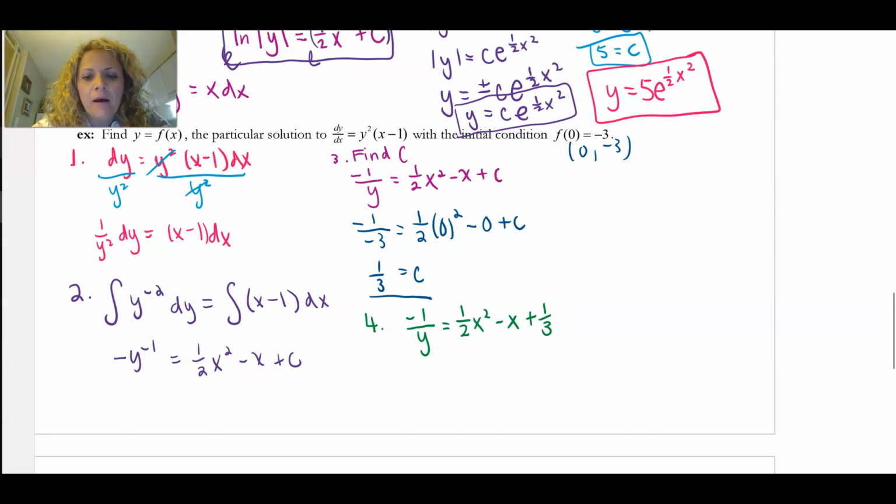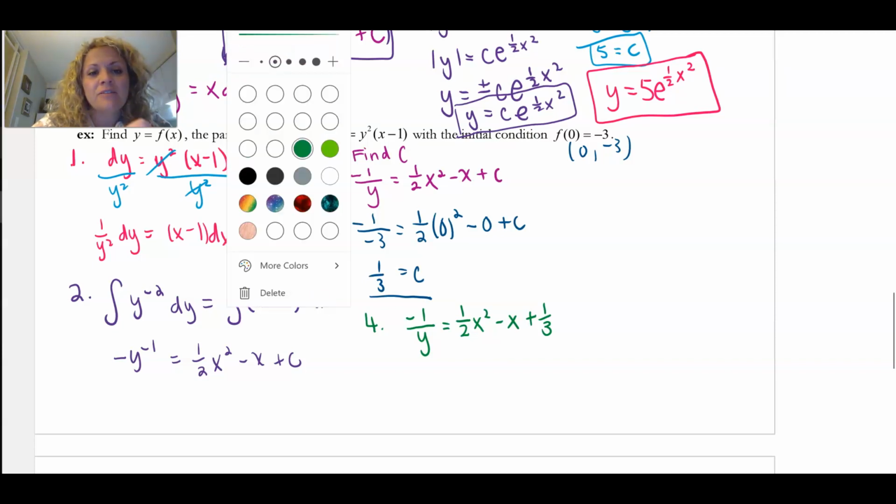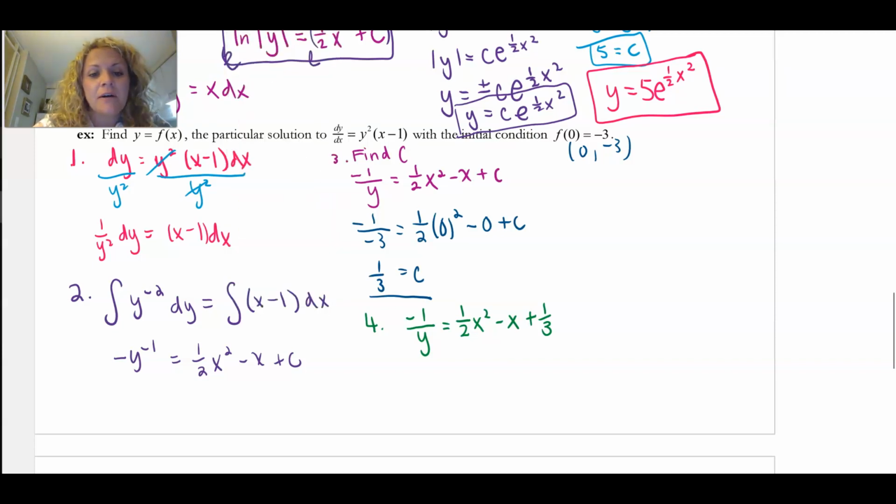Personally, what I would do here, you could flip both sides of the fraction and make the right side its reciprocal, but I think there's a potential for a lot of mistakes there. What I would do to solve for y is multiply both sides of this equation by y first.